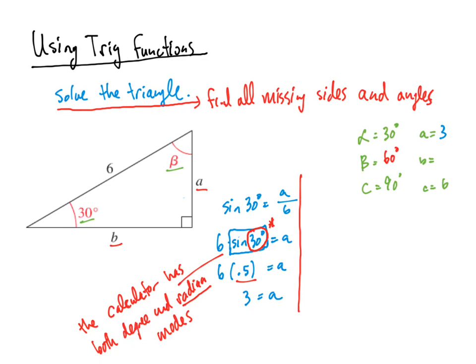If we want to figure out what side A is going to be, from angle beta, A is the adjacent side, and 6 is the hypotenuse. So when we have the adjacent and hypotenuse, we could also use cosine of beta.